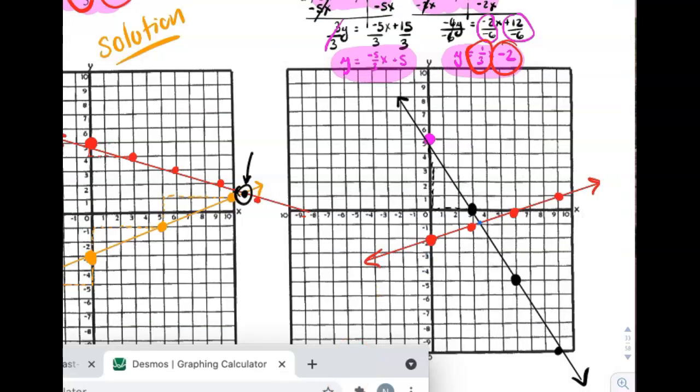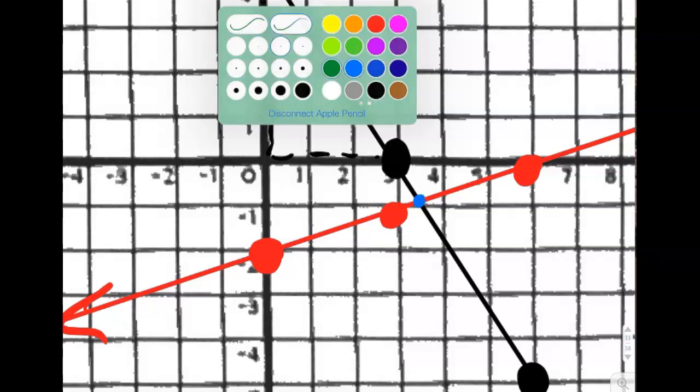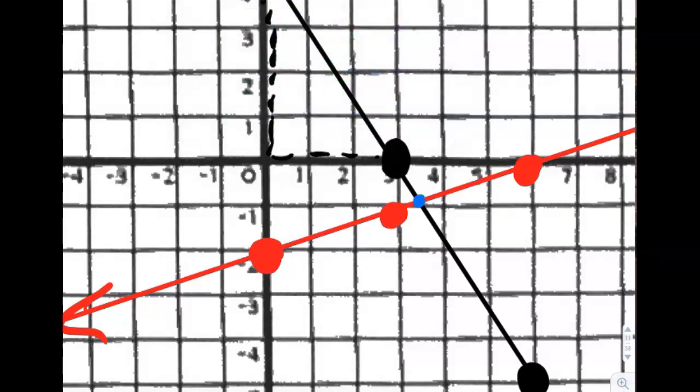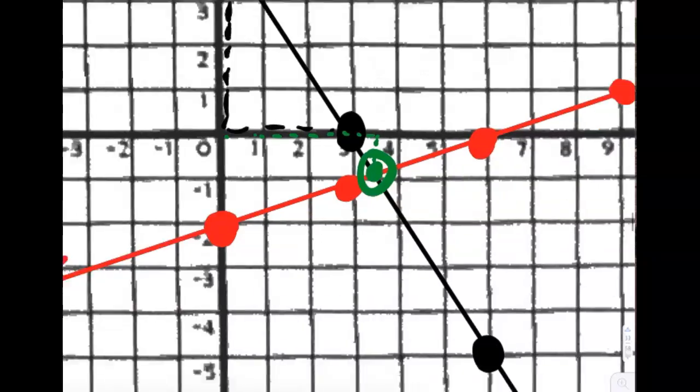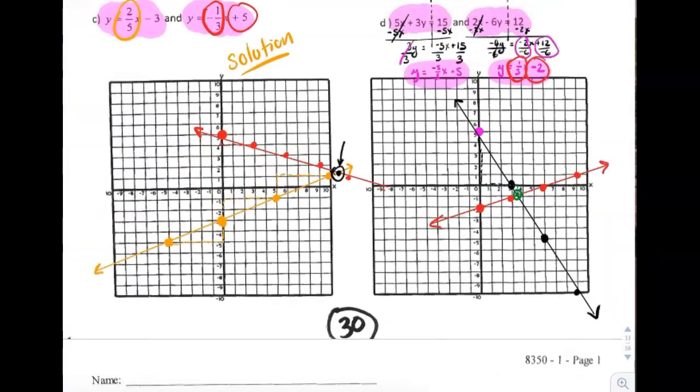Not a nice solution, but the point is, if I went over 3.5 and down 0.8, there I am. That is the solution to the lines. So I know these didn't come out nice, but the point of learning this is where two lines intersect is considered the solution, and we'll do more of that later.